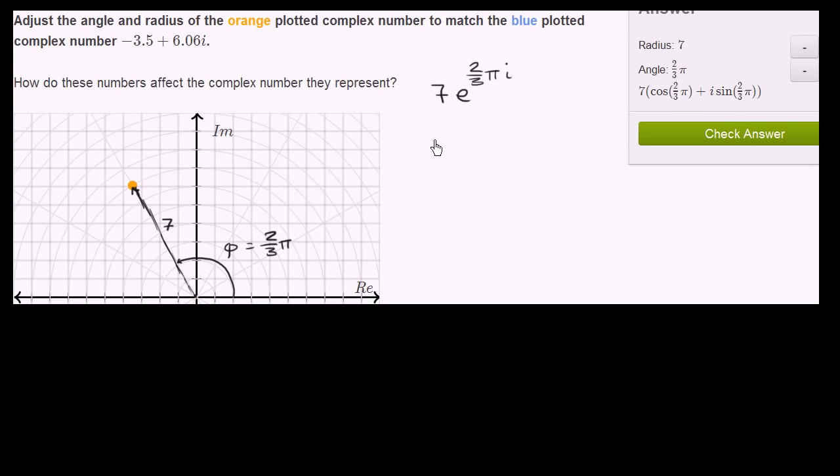This is one of really the most mind-blowing things in all of mathematics: this is the same thing as 7 times cosine of 2/3 pi plus i sine of 2/3 pi. And they already wrote that down for us right over there. Now let's verify what cosine of 2/3 pi is and what sine of 2/3 pi is.